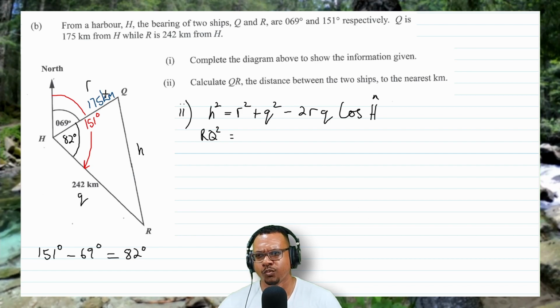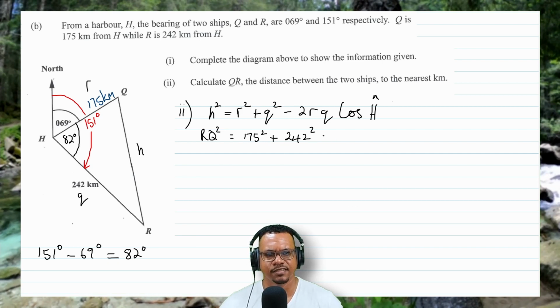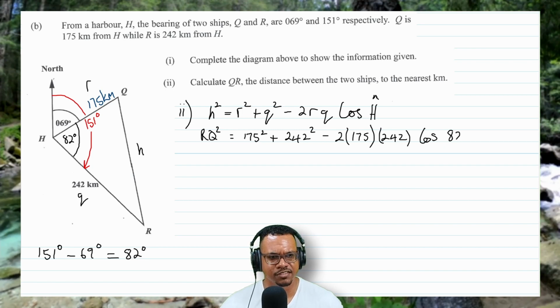Okay, r is 175, so that's 175 squared plus q squared. q is 242, so squaring that, take away 2 times r, which is 175, times q, which is 242, cosine capital H, and angle H is 82 degrees.